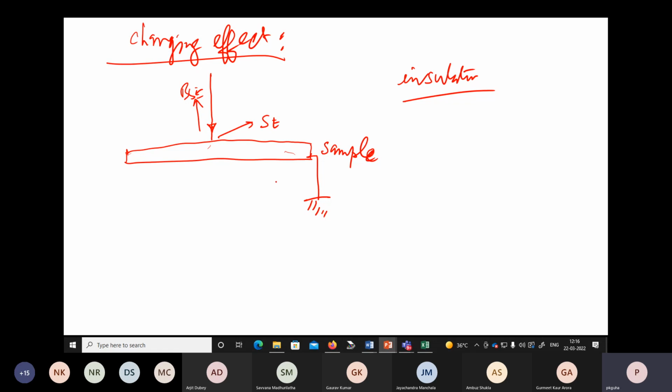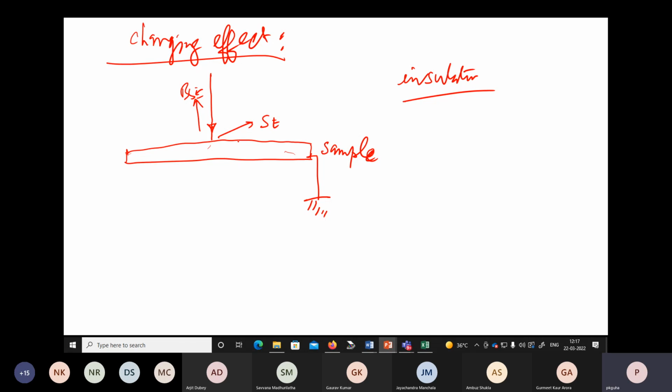They create a charging effect because they accumulate in some places. They create a local negative potential, and this influences the small-energy secondary electrons, preventing them from coming out of the sample.